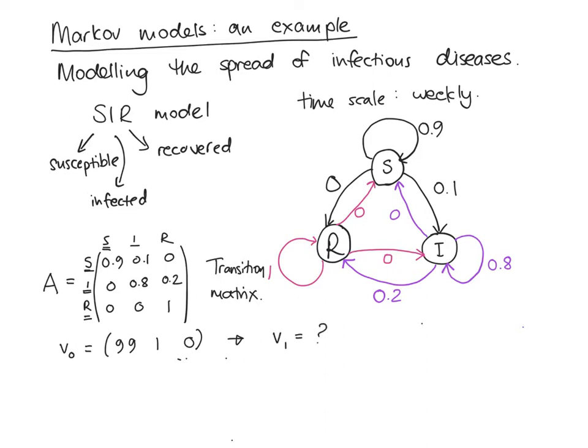So notice that I'm saying that my population initially, i.e. at time 0, is given by V0, and 1 week later is given by V1.